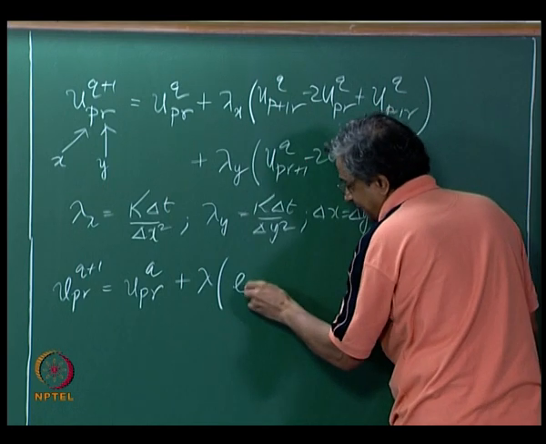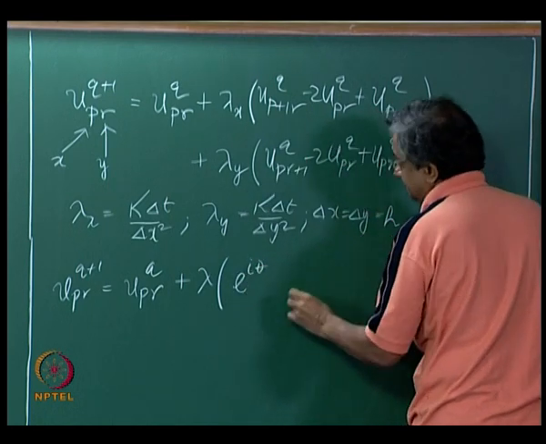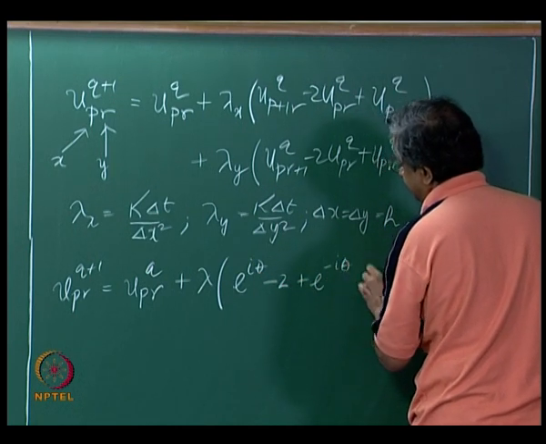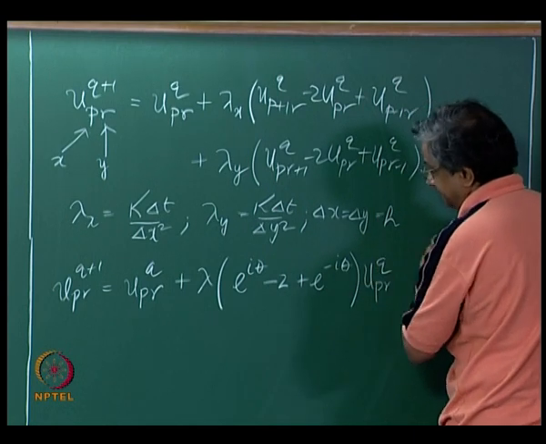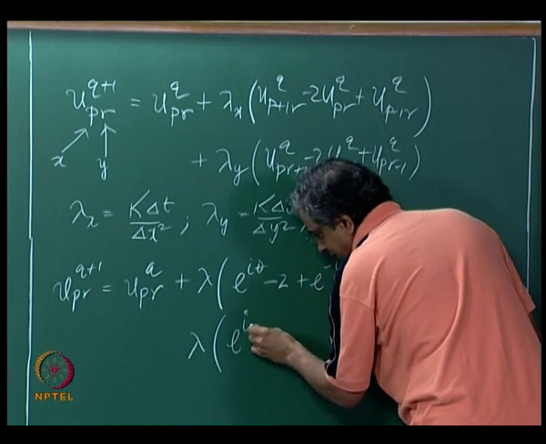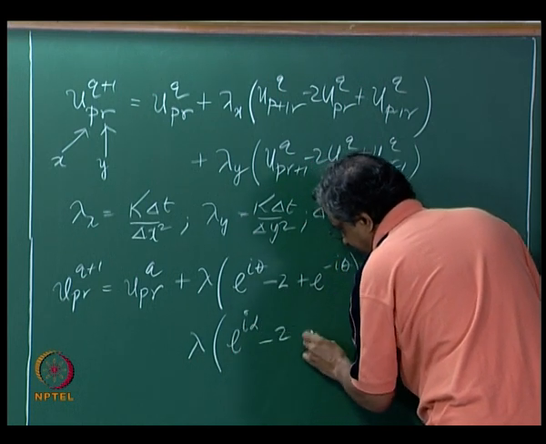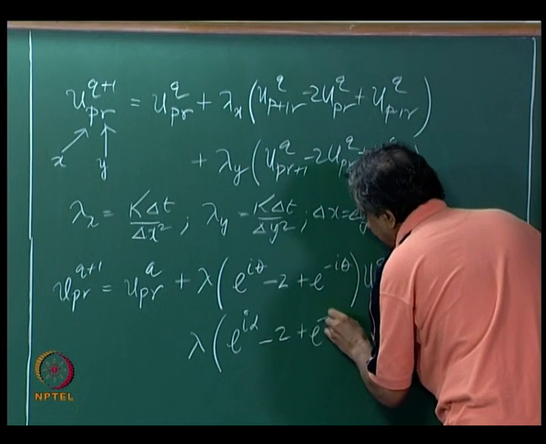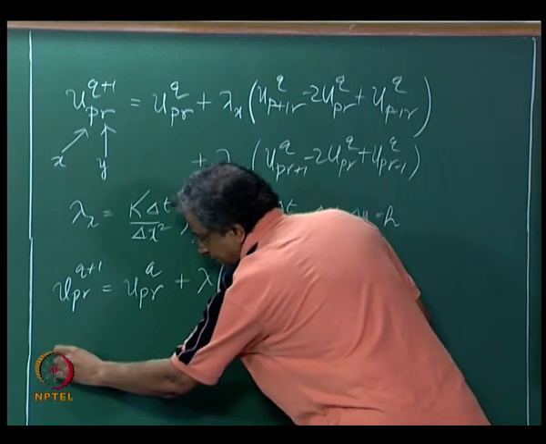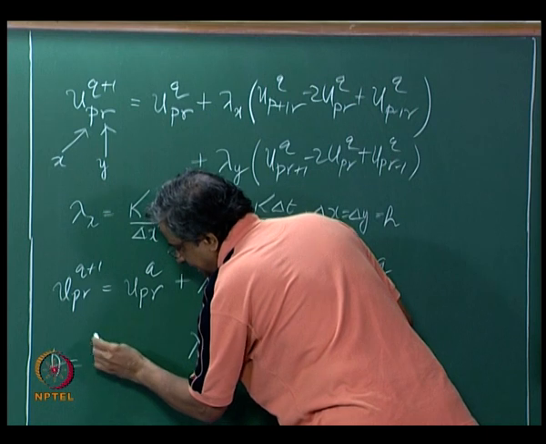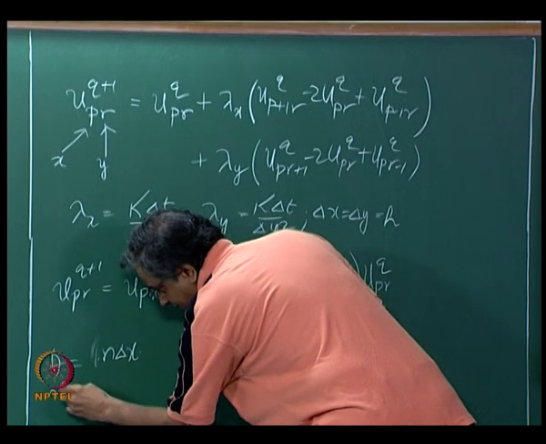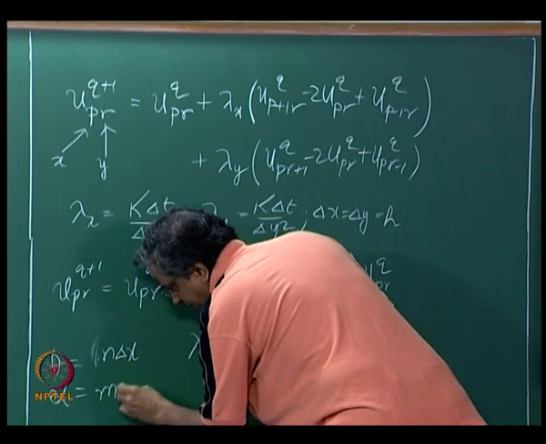So this will give me lambda times e power I theta minus 2 plus e power minus I theta times U_PR^q, and the other one will give me lambda times e power I alpha minus 2 plus e power minus I alpha times U_PR^q, where theta is n delta x and alpha is m delta y.